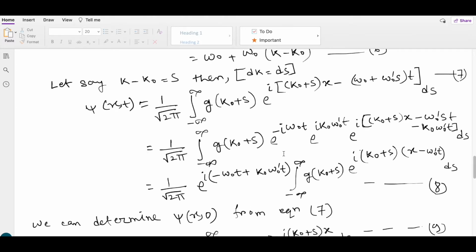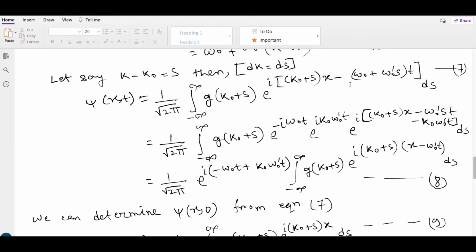Then after rearranging, just taking out the minus omega naught t term here, I am adding a new term e to the power i k naught omega naught prime t. You will see why I am adding this. I am adding and subtracting, so nothing changes. k naught omega naught prime t I have subtracted from here and added here, and the rest is the same.